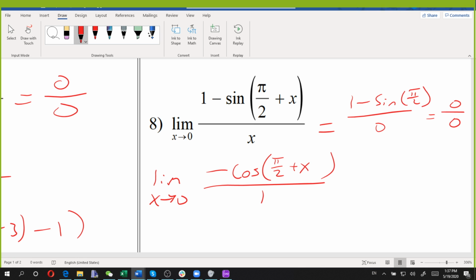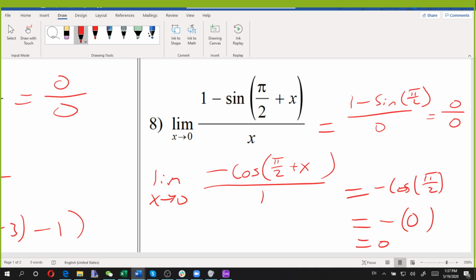I'm deriving the numerator separately from the denominator, so we don't have to worry about quotient rule. And when I plug in 0, what's the cosine at pi over 2? It's negative cosine pi over 2, which is 0. So our limit is equal to 0.